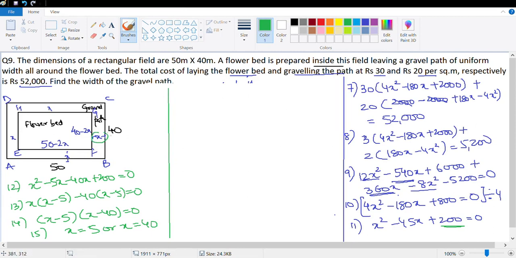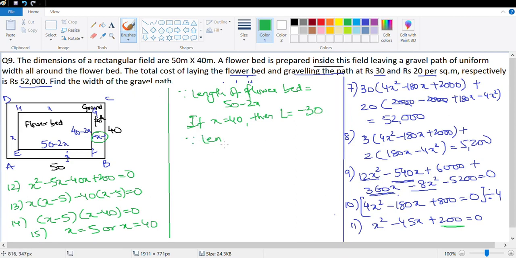If this is 40, well then 40 minus 2x would mean I'll get into negative. So since length of flower bed is equal to 50 minus 2x, if x is equal to 40, then length will be equal to 50 minus 80, that's negative 30.